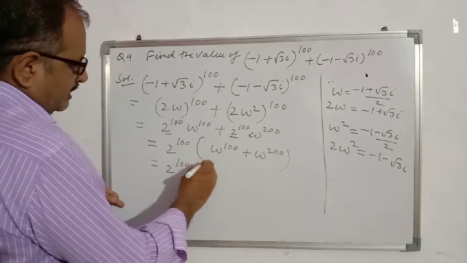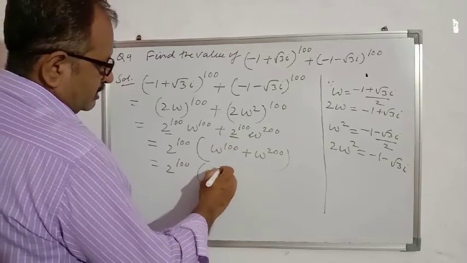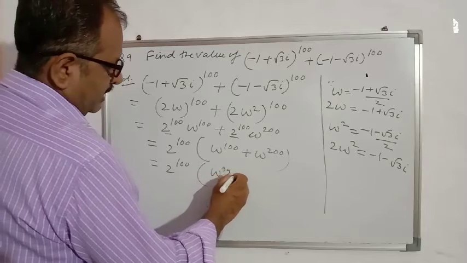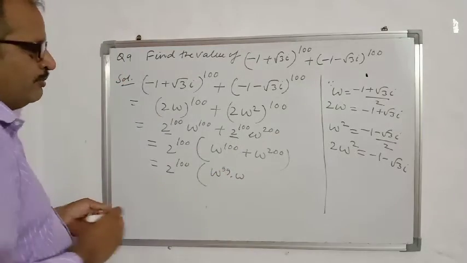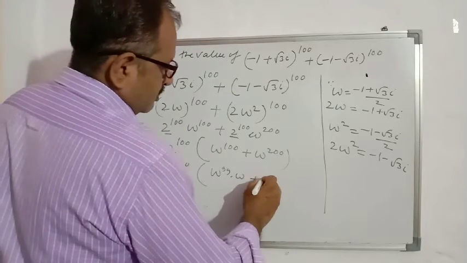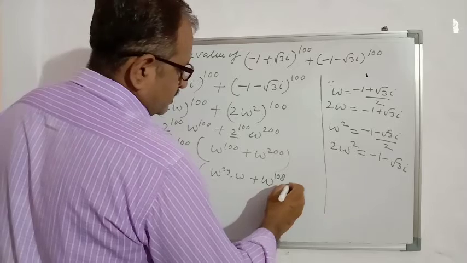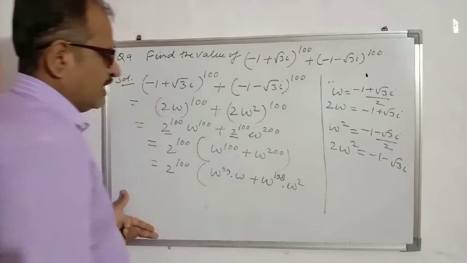Write it in the multiple of 3. So it will be omega to the power 99 into omega, and this can be written omega to the power 198 into omega square.